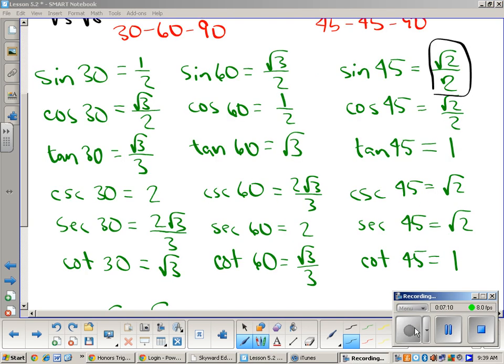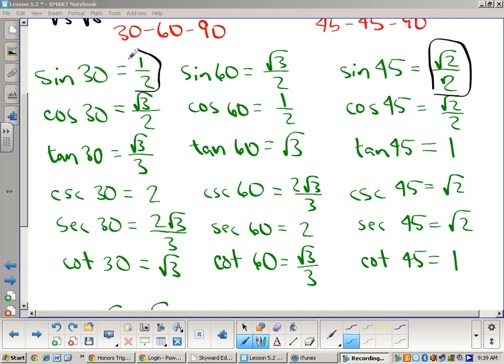Now, I just got done telling you that we will not test you on these. It doesn't mean we don't have to know what they are. But if you go back and look at them, cosecant's going to be the reciprocal of sine. So right here, sine of 30 is 1/2, so cosecant's going to be 2 over 1.